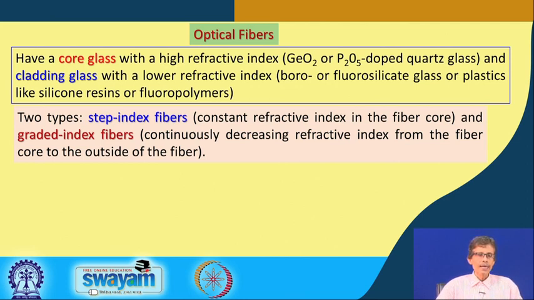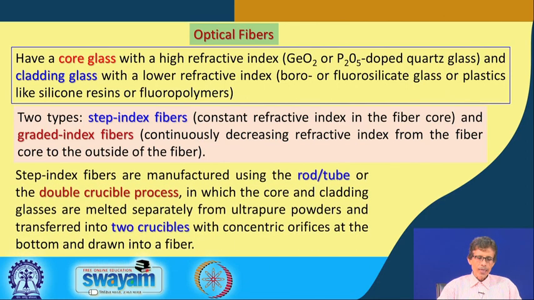The other is the graded index fiber, with a continuously decreasing refractive index from the fiber core to the outside of the fiber. Whatever refractive index you have at the core decays down as you reach the outer surface of the fiber. That is the idea and methodology that can be used for making this type of optical fiber.